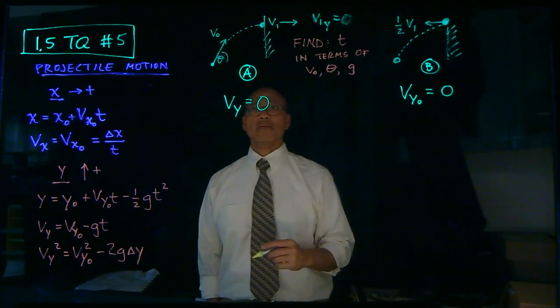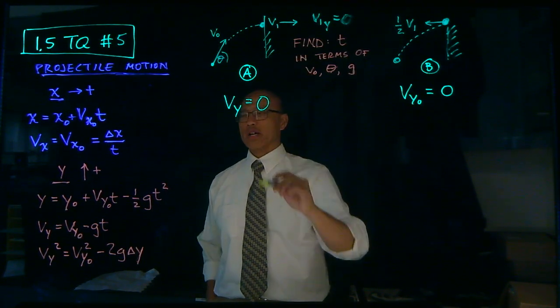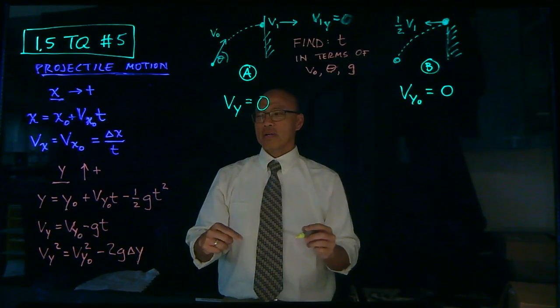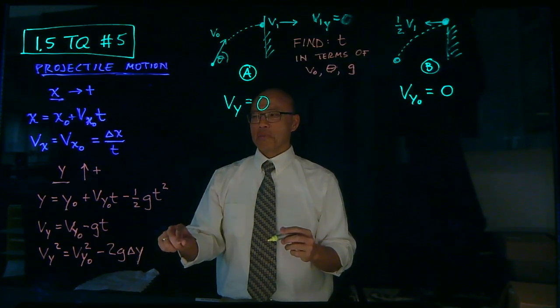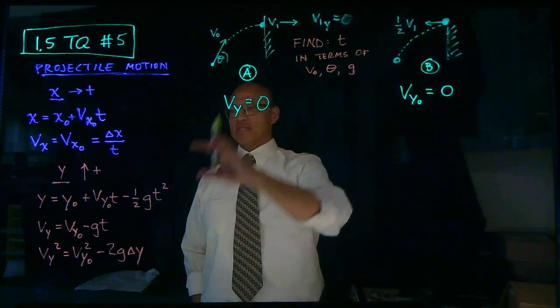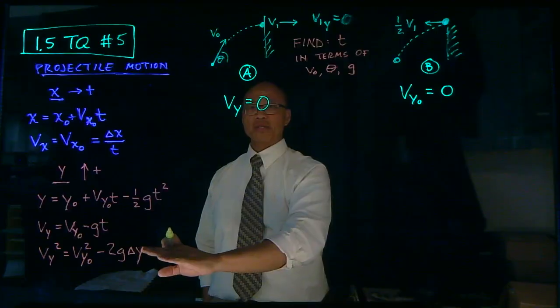Well, hold on. If I travel a certain distance to go up until my velocity is 0, the amount of time it takes to travel anywhere only depends on my motion in the y direction.